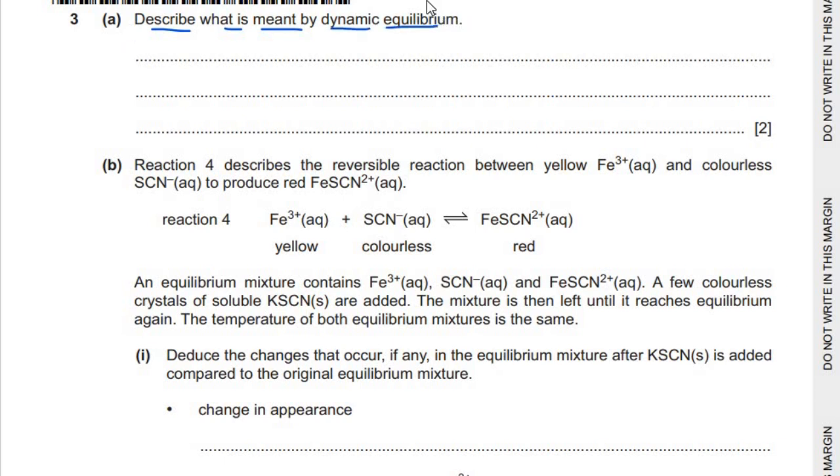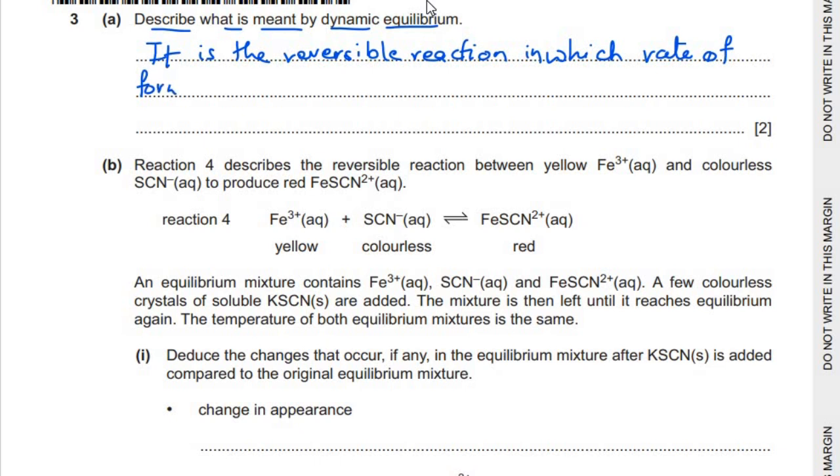If we talk in terms of dynamic equilibrium, then we can say that it is a reversible reaction in which the rate of the forward reaction is equal to the rate of the backward reaction.